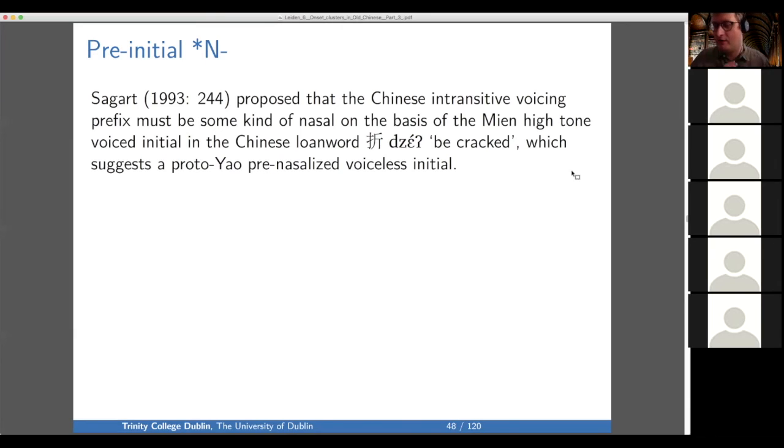This is highly stylized, but in Gyalrong you could have a verb, let's try it with bend, say it's pend. Then bend would mean to become bent, and spend would mean to make someone bend. So they have both in Gyalrong, used for the same things that Baxter and Sagart proposed for Old Chinese.